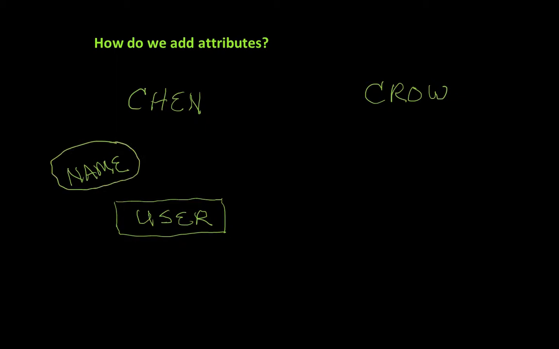We'd create a little balloon, or you might want to even call it a lollipop. And this is how we would show those attribute relationships to the entity using chin.